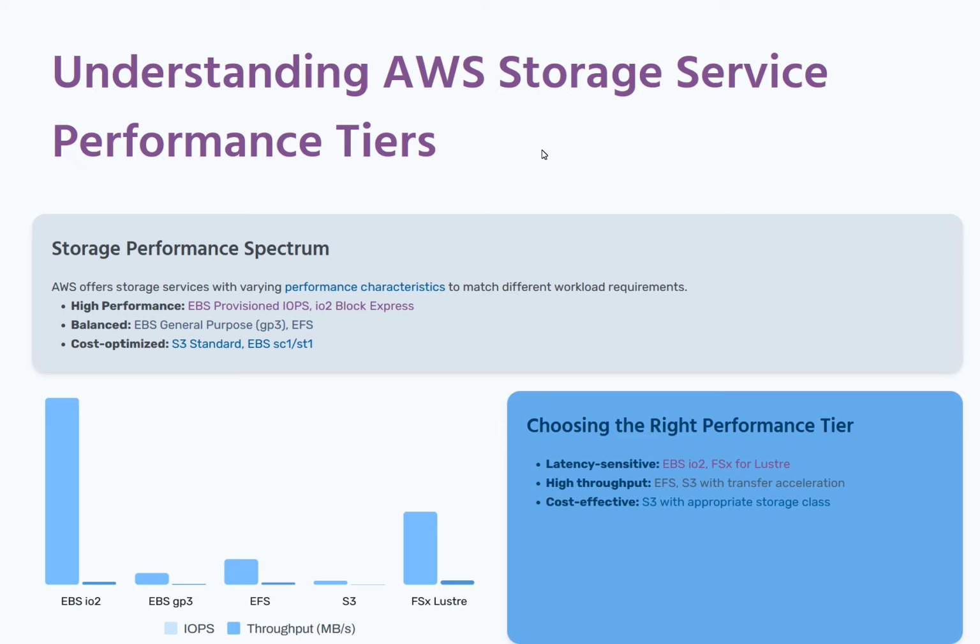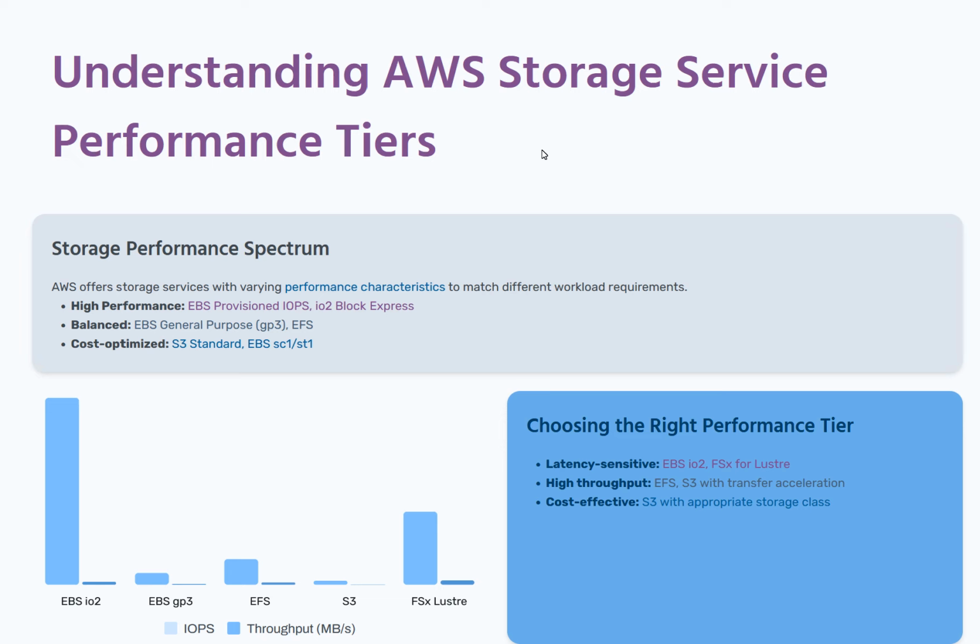So understanding AWS storage service performance tiers. The storage performance spectrum offers storage services with varying performance characteristics to match different workload requirements, right? So high performance: under EBS, you can use provisioned IOPS, and the highest performance will give you IO2 Block Express. And if you need a balanced option, you can go with EBS general purpose GP3.